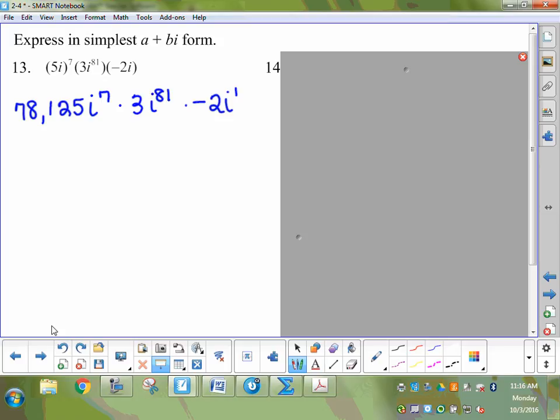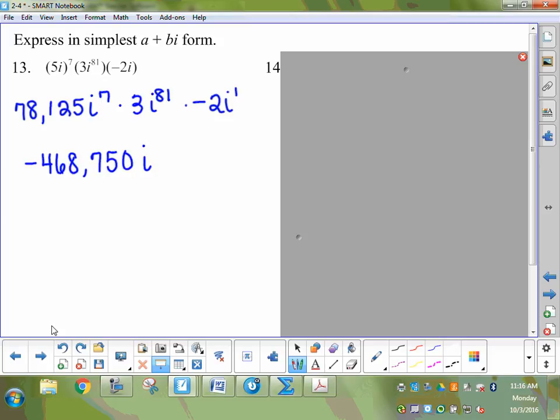I need to multiply my 3 coefficients together. Hands up, please, if you can tell me what I get when I take those 3 coefficients, which would be negative 6 times that 78,000 value. Can you go ahead and read it to me, please? Who's got what that number is going to end up being? 750.